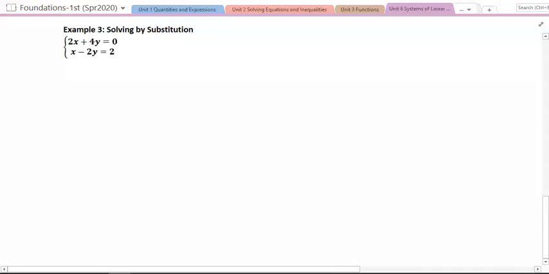So example 3, 2x plus 4y is equal to 0, and x minus 2y is equal to 2. Now, let me give you a suggestion here. If you have an equation where you have a variable that does not have a coefficient, that's the number in front of the variable, which means its coefficient is 1, that's the one you should solve for.